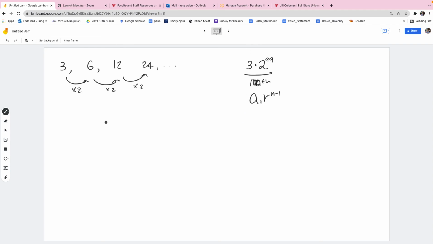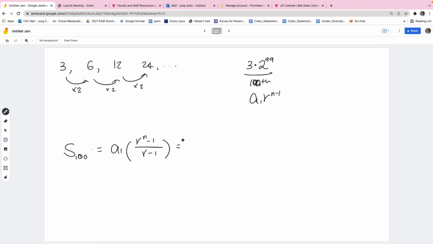And how do we find the sum S of n in this geometric sequence? n is 100, because I'm adding 100 terms, right? It is the first number a sub 1 times r to the n minus 1 over r minus 1.